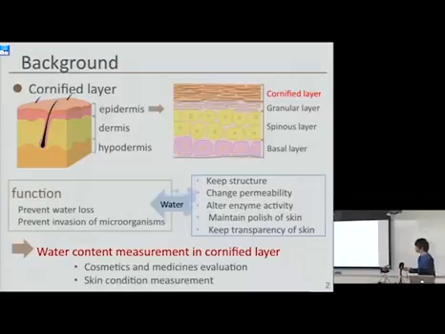For example, polish or transparency of skin is important when making cosmetics, and the permeability of skin is also important in making medicines. And by measuring water content in the colonified layer, we can assess skin condition, for example, atopic dermatitis or burn condition skin.